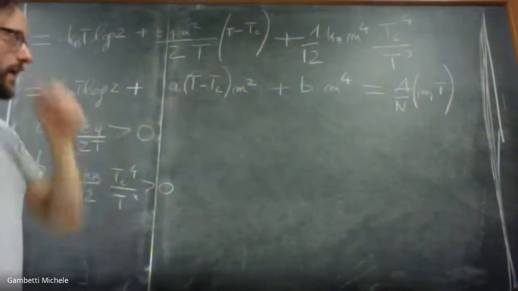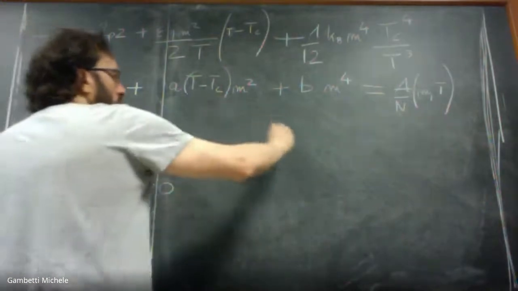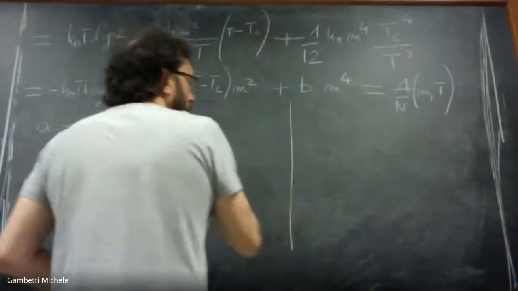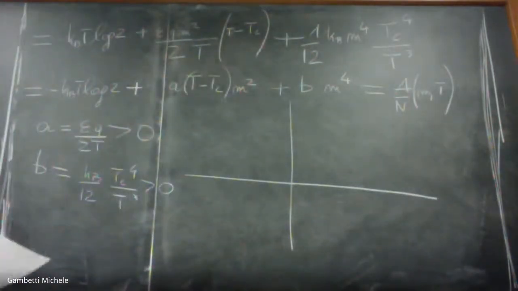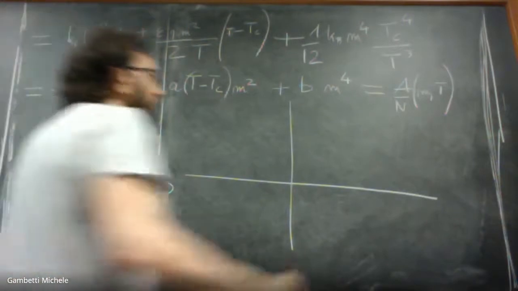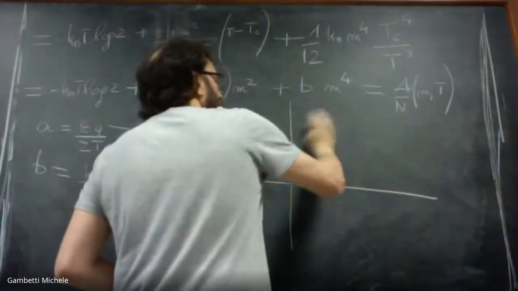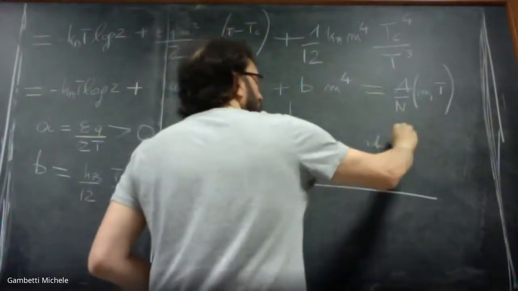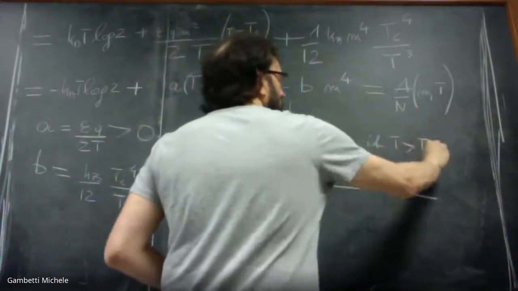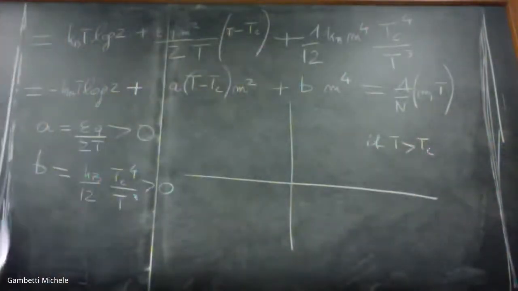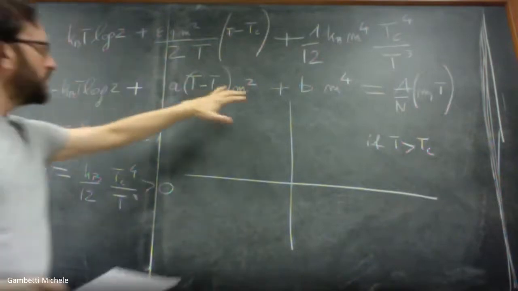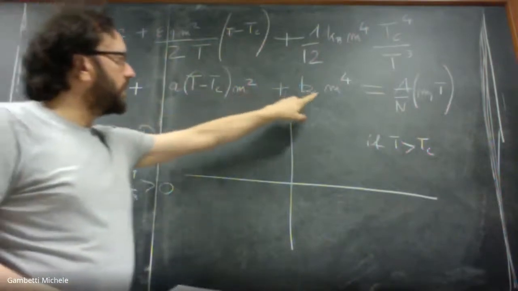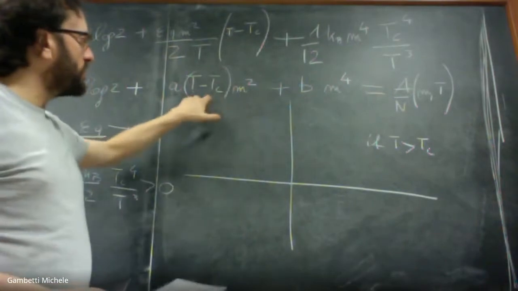Okay. Now we can try to do a plot of this quantity, the free energy, as a function of m and for different values of T. Now, if T is larger than T_c, apart from this shift that is not important, here I have a quadratic with two positive numbers here.